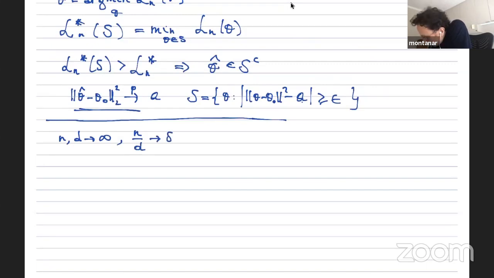What I'm assuming about theta 0 is that the empirical distribution of theta 0 converges, say in W2 distance, to some limit p theta.